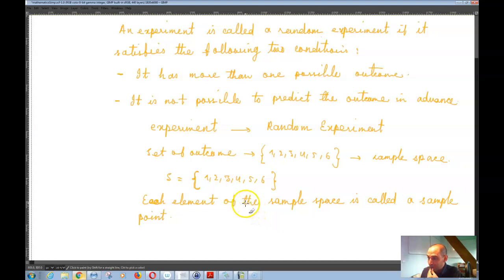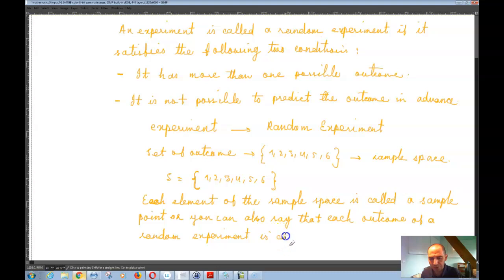In other words, each outcome of the random experiment is called a sample point.